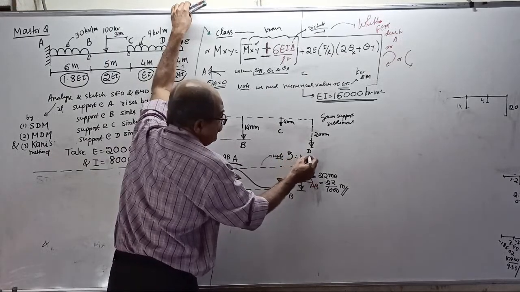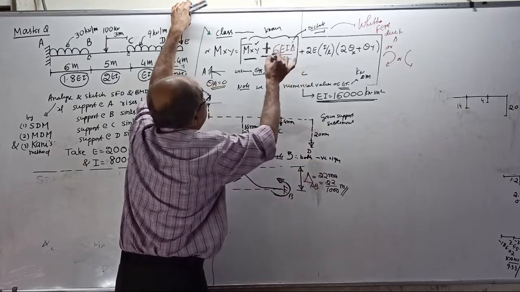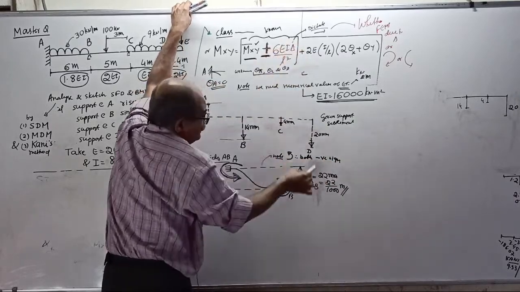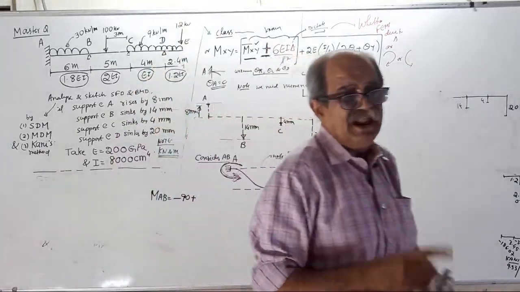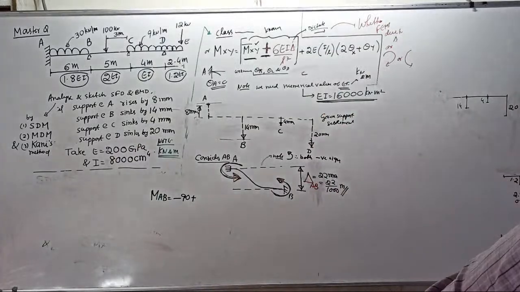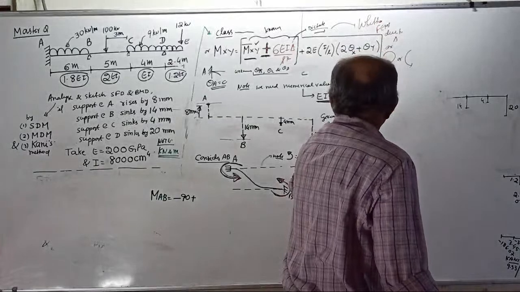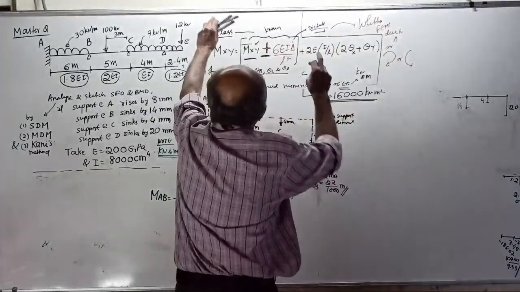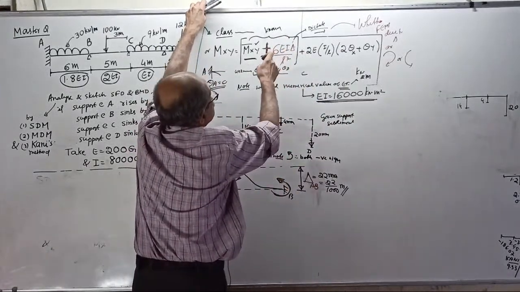Therefore, both ends use negative sign for the delta term. Clear? You make a note there. FPM due to delta is anti-clockwise at both ends. Therefore, when you substitute here, for both ends, use minus sign.